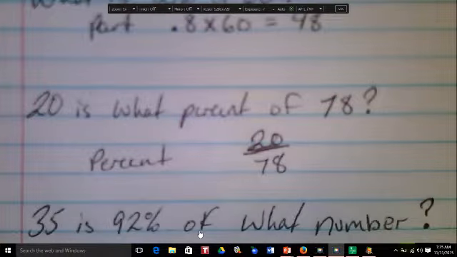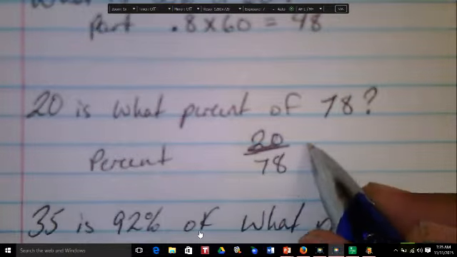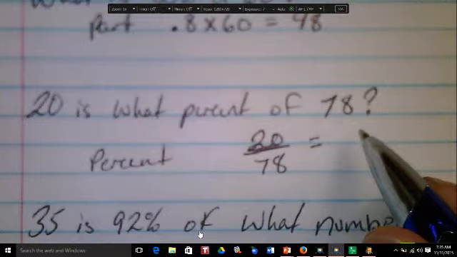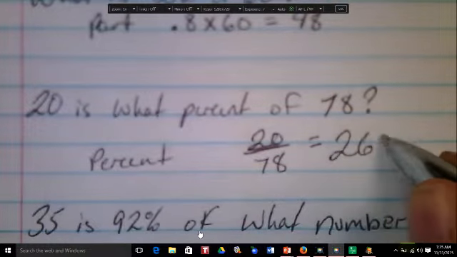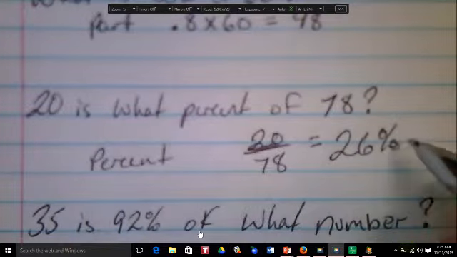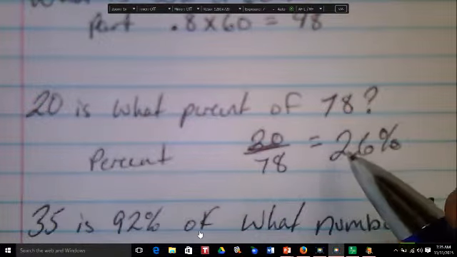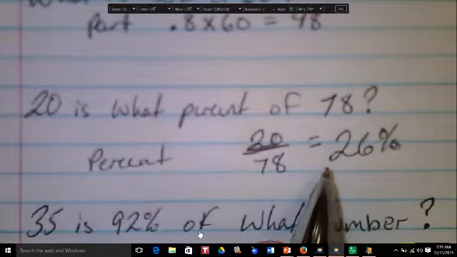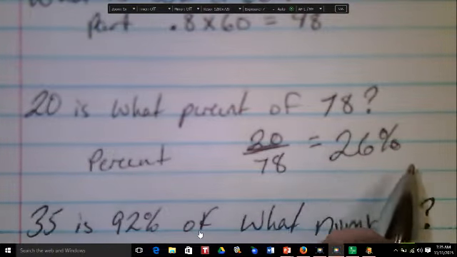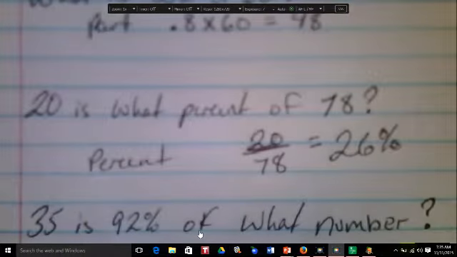You'll go into your margins, figure that out, and that will give you right around 26%. It would have given you a decimal, but we know how to change decimals into percents by moving the decimal point 2 places to the right.